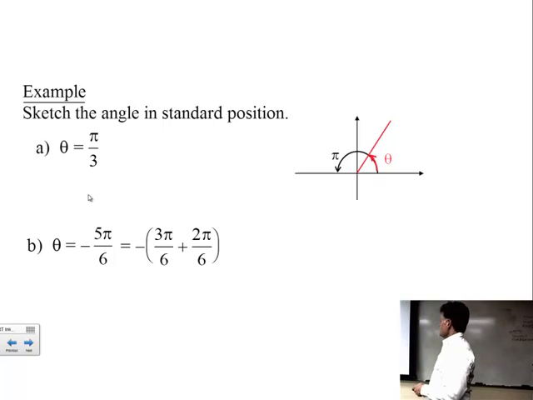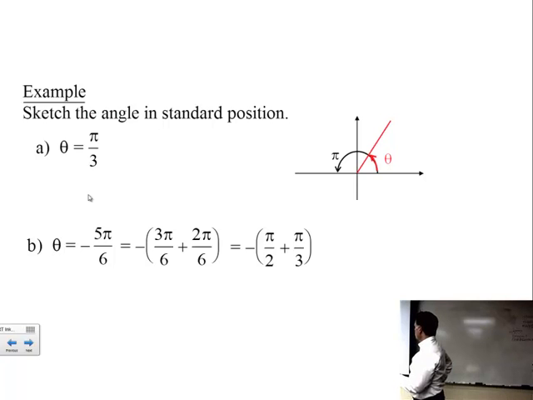So the thing you can do with angles, you can add and subtract angles. So, for example, 5 pi over 6 is 3 pi over 6 plus 2 pi over 6. 3 pi over 6 is pi over 2, and 2 pi over 6 is pi over 3. So you can get there by first going clockwise pi over 2, and then clockwise again pi over 3.